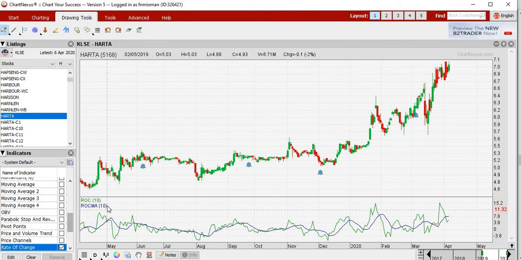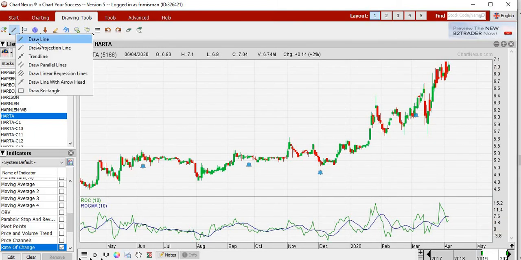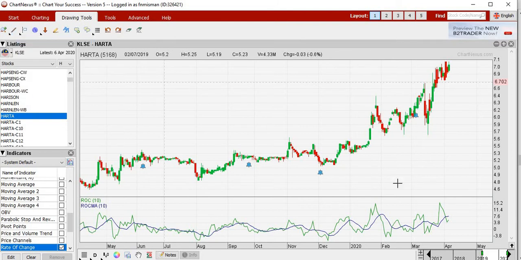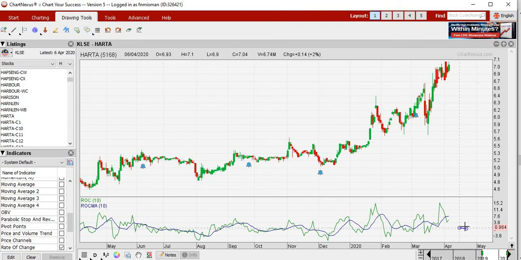In this example, the system by default uses a 10-day rate of change, meaning they are calculating the changes of price over a 10-day period, since we are using a daily chart. So first thing first, you can draw a line, the zero line, to make it easy for yourself to identify the movement.